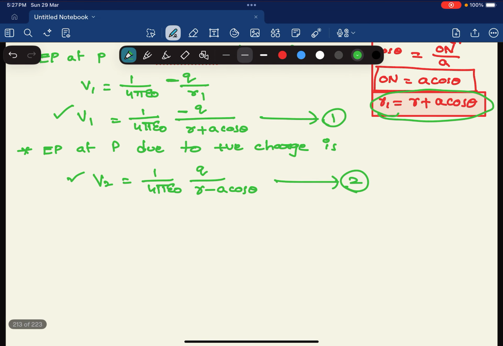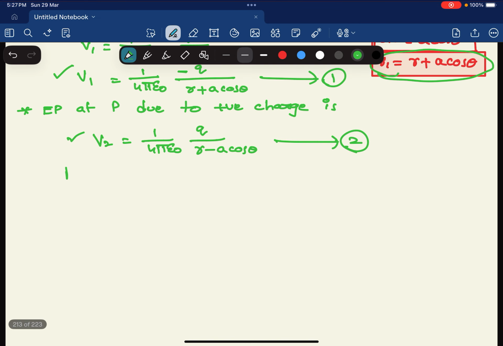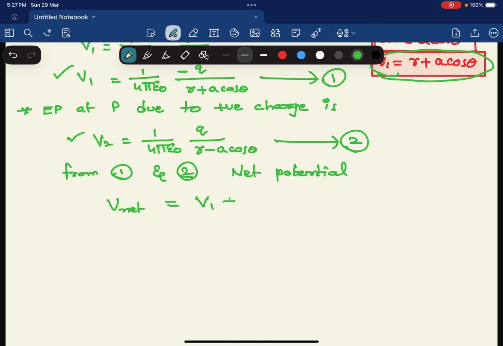Am I right? So therefore from 1 and 2, I'm going to calculate net potential. Okay, so we know that net potential is equal to the sum of V1 plus V2.